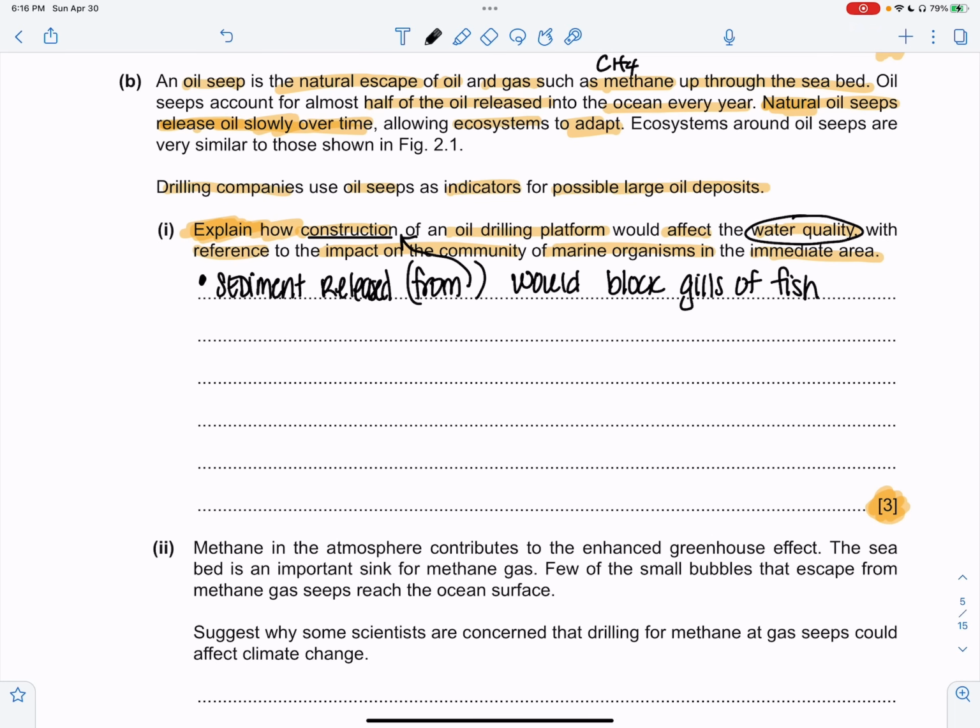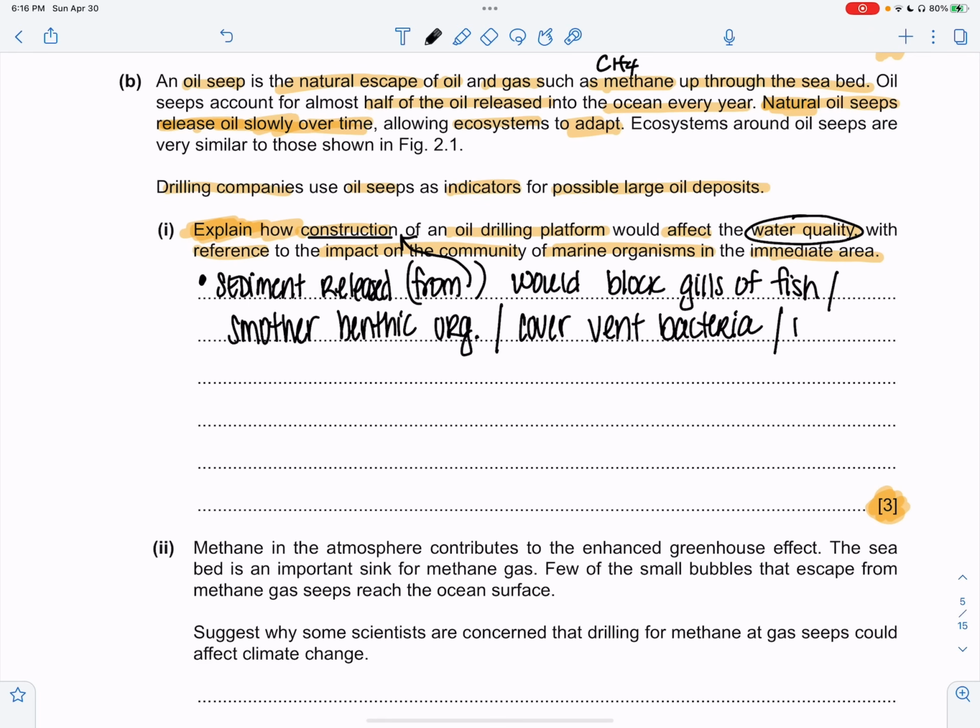We could smother, when this sediment settles, benthic organisms. Additionally, it could cover, whenever it settles, the vent bacteria that would be doing this chemosynthesis process.